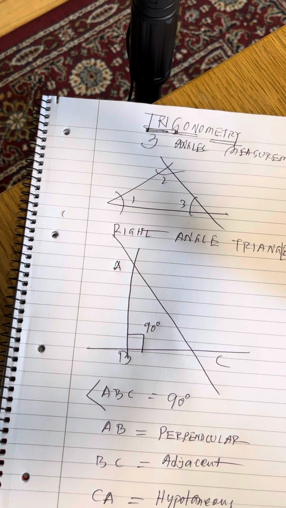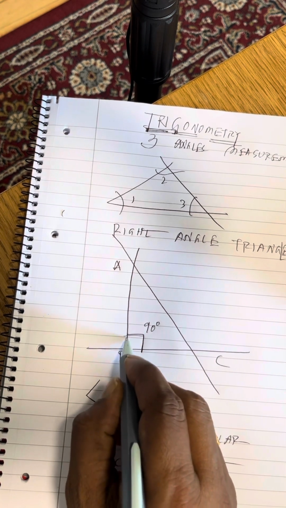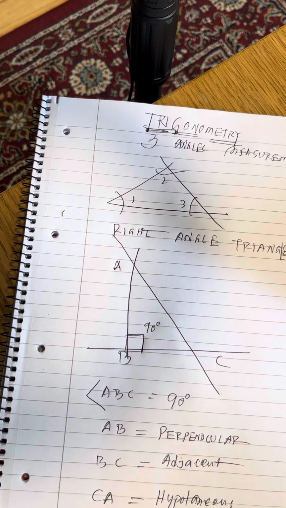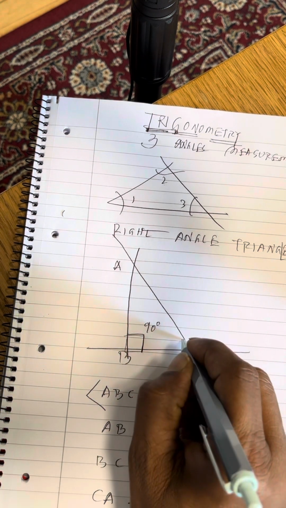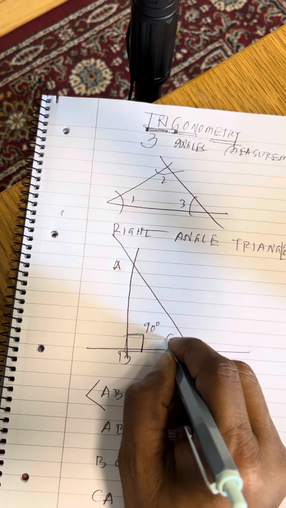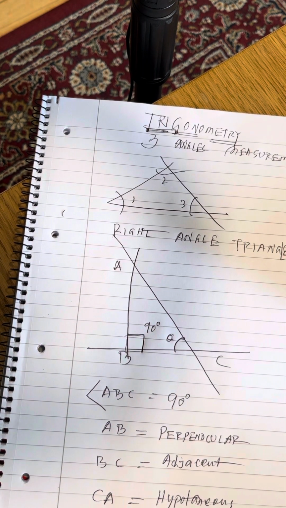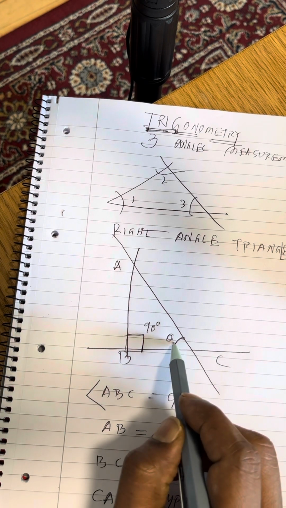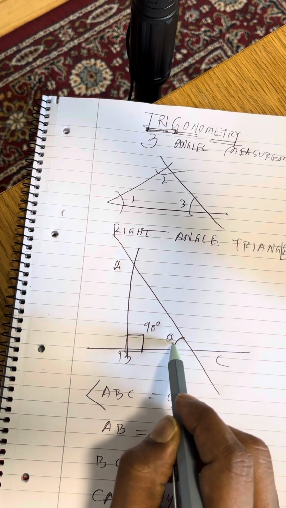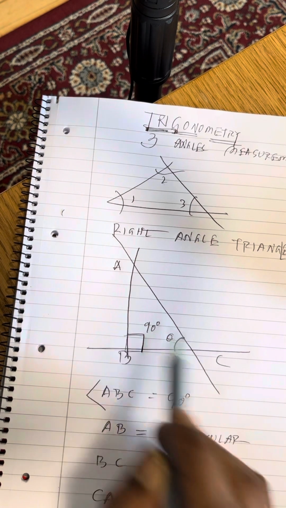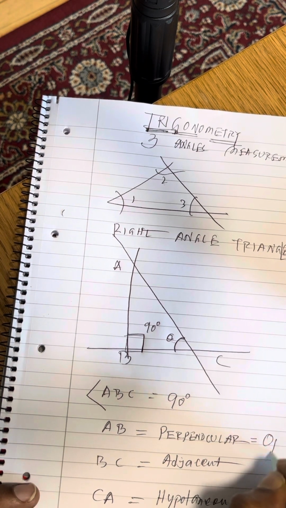So it's a right angle, and we have to define another angle. With respect to that angle, we have to define the perpendicular, adjacent, hypotenuse. So for example, if we consider this angle is theta, then with respect to this theta, you have to define the perpendicular, adjacent, and hypotenuse. The opposite of theta is the perpendicular.